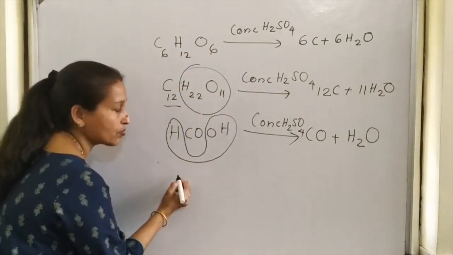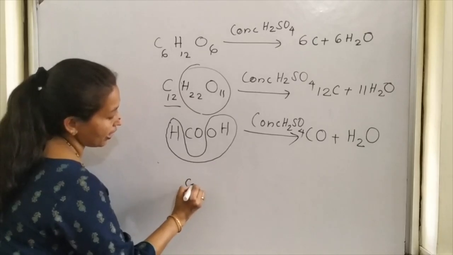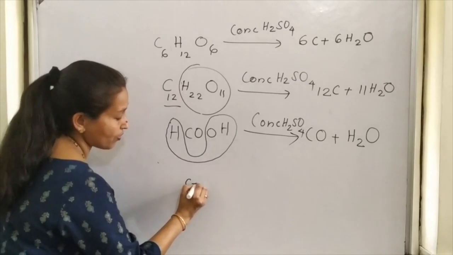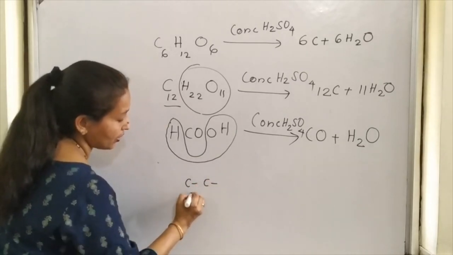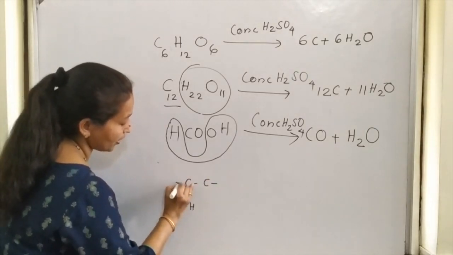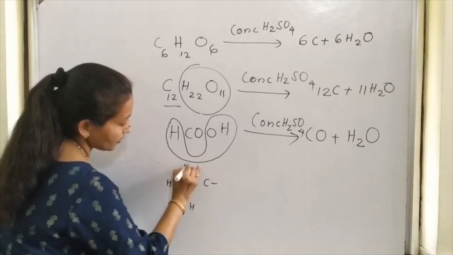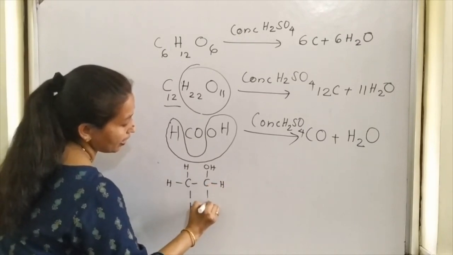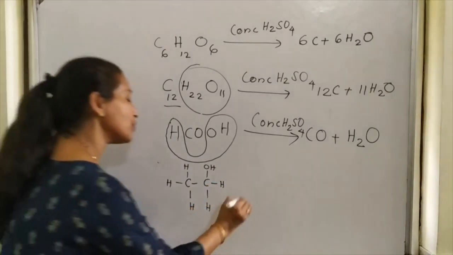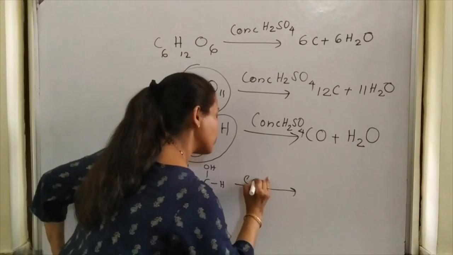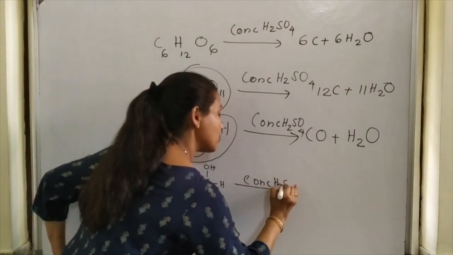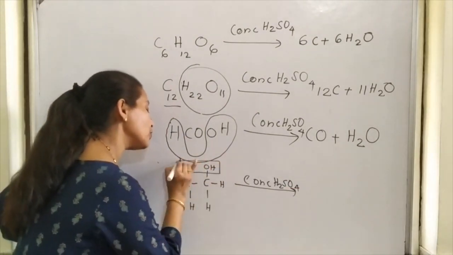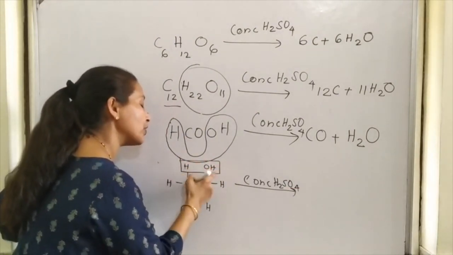Okay, we can take some other substances. Ethyl alcohol. The formula, you may know, is C2H5OH. I am writing the structure of ethyl alcohol. This is ethyl alcohol. If you add concentrated sulfuric acid to this, 2 hydrogen and 1 oxygen will be removed.